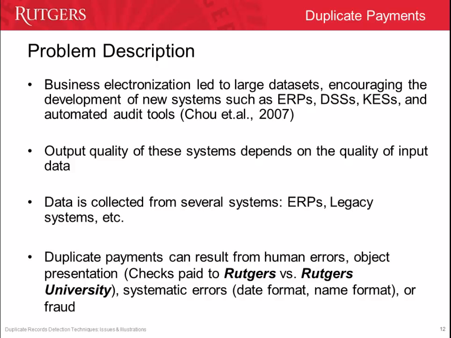For example, you pay a check to Rutgers versus Rutgers University. It could be a problem with the format, like we saw in the previous slides when we talked about date formats. It could be a systematic error, like structures. And of course, it could indicate collusive fraud.